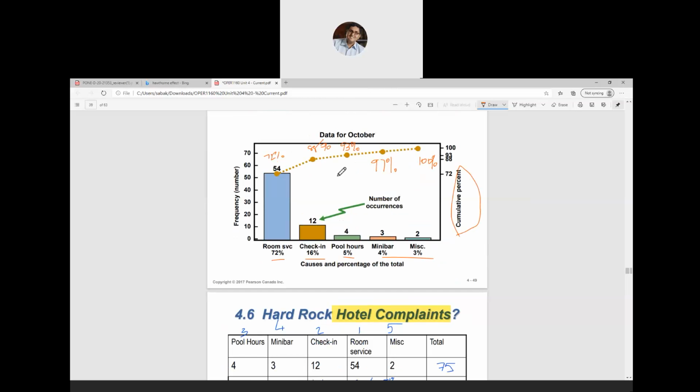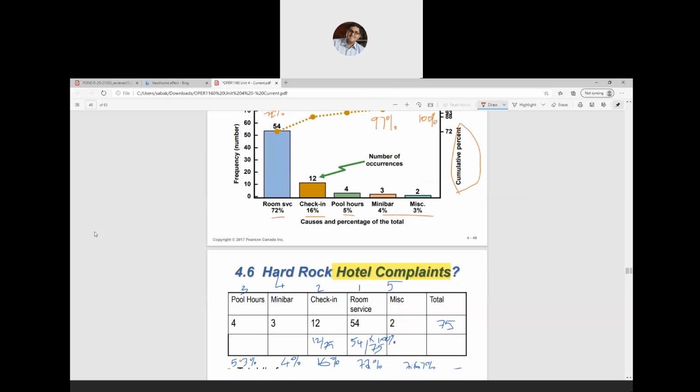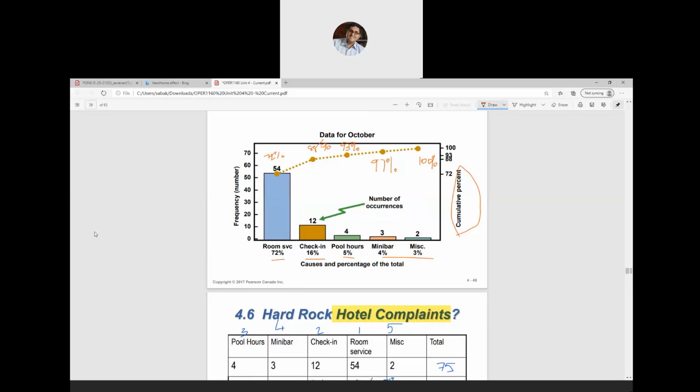So this dot represents 72 percentage, and the next refers to 88 percentage. The next points refer to 93, 97, and 100, and then draw it using a line. So this is all you need to do for drawing a Pareto chart.